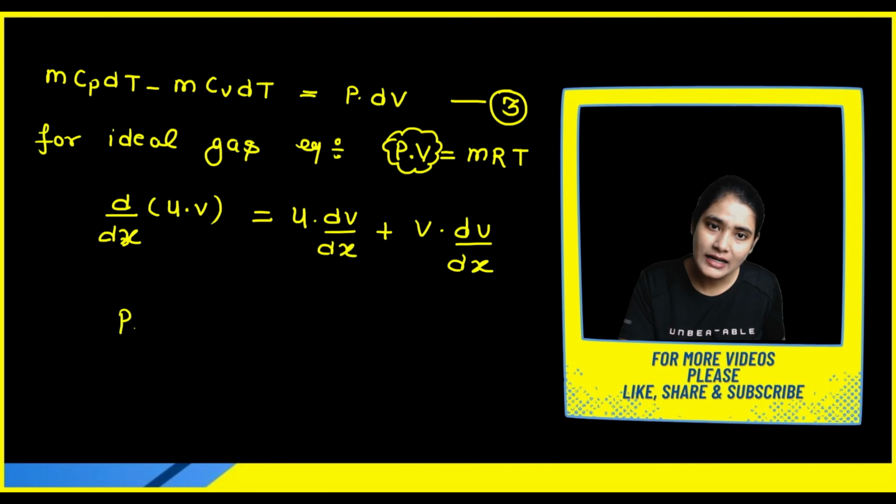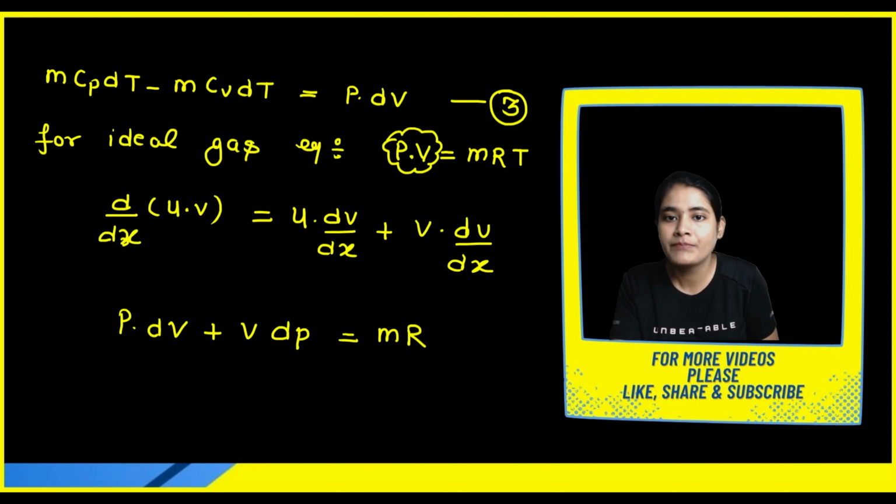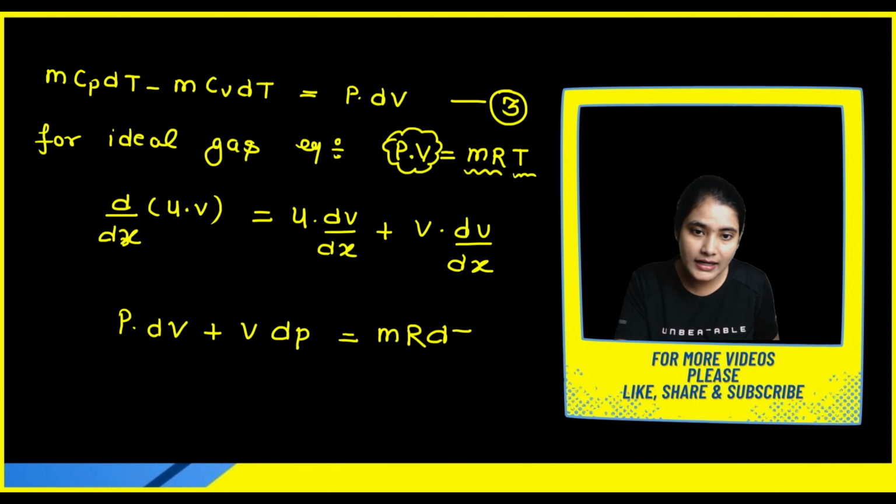The same concept applies here. p as it is, differentiation of V is dV, V as it is, differentiation of p is dp. Mass and gas constant are already constant, so you just need to differentiate T, so you get dT.